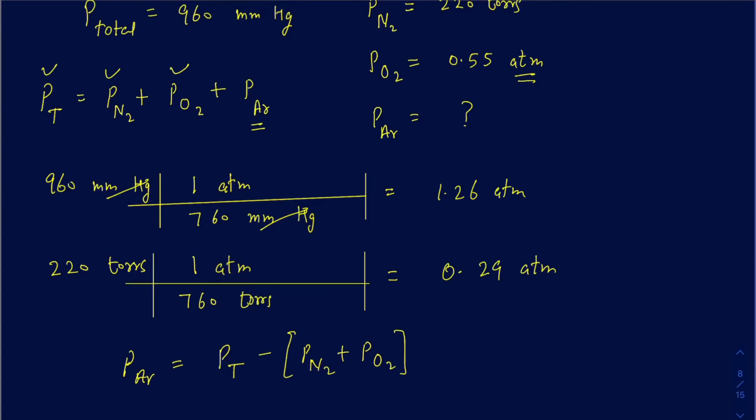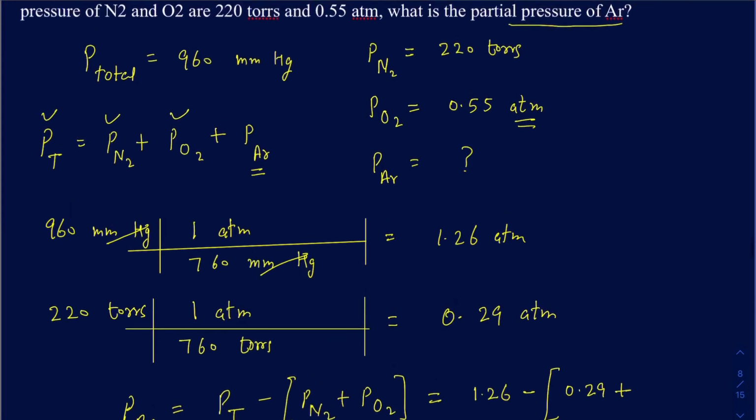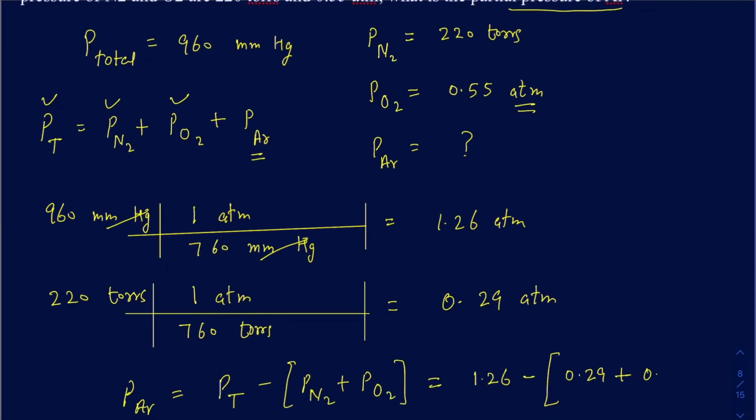Or you can just plug the numbers into the original equation and solve for the pressure of argon. You can do the math however you want. So the total pressure is 1.26 minus the pressure of nitrogen, which comes out to be 0.29, and then the pressure of oxygen, which was given to be 0.55.